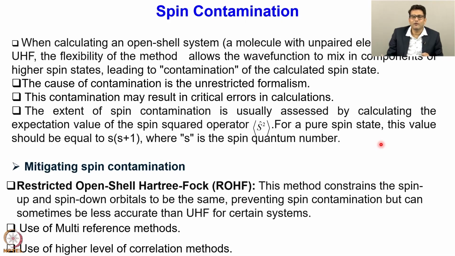So, dealing with open shell systems, one needs to look very carefully at how much spin contaminated your wave function is. The fourth approach, which I have not listed here, is to project out the higher spin from your wave function. So, you can get a projected method, but that comes with an additional problem. So, I have not listed it here.